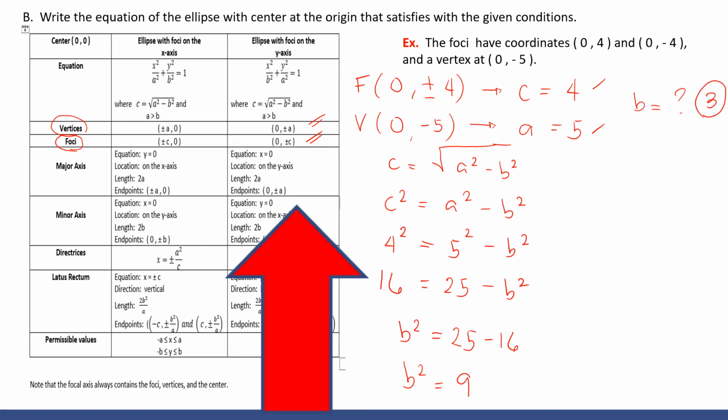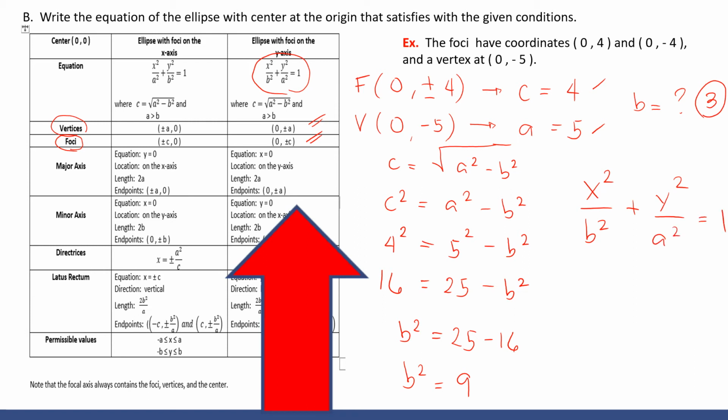Okay? At dahil ang ellipse with foci on the y-axis, ang ating tinignan regarding foci and vertices, ang pattern natin na equation na gagamitin ay ito. X squared over b squared plus y squared over a squared equals 1.